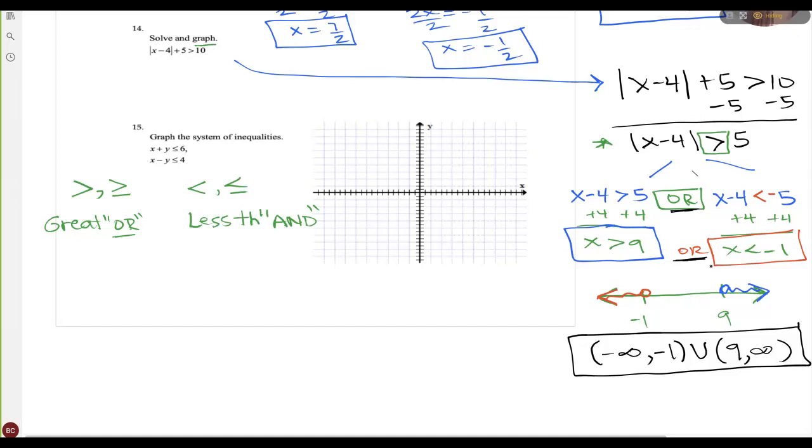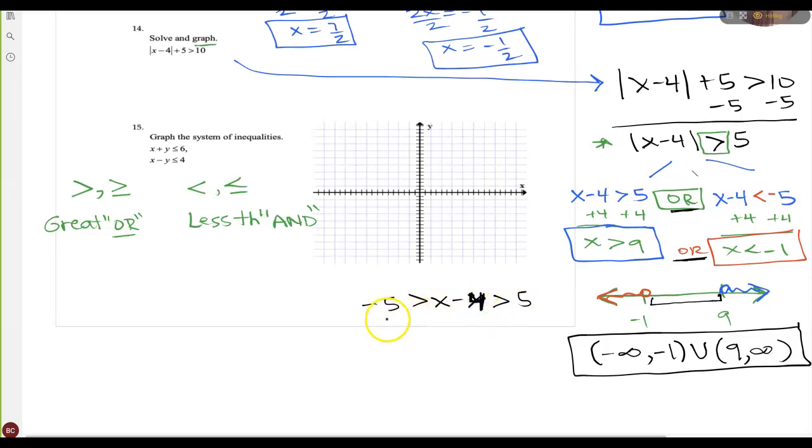No, because that's giving you an and statement, and your answer would be saying the stuff in between. You don't want to write it as an and statement. So you're saying -5 is greater than x -4, which is greater than 5. Is that what you're saying?